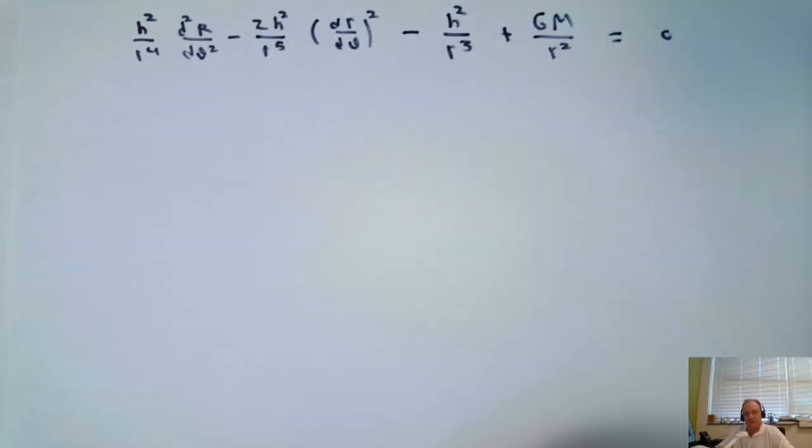Also, I'm going to multiply through by r to the fourth power to try to make the equation look a little nicer.